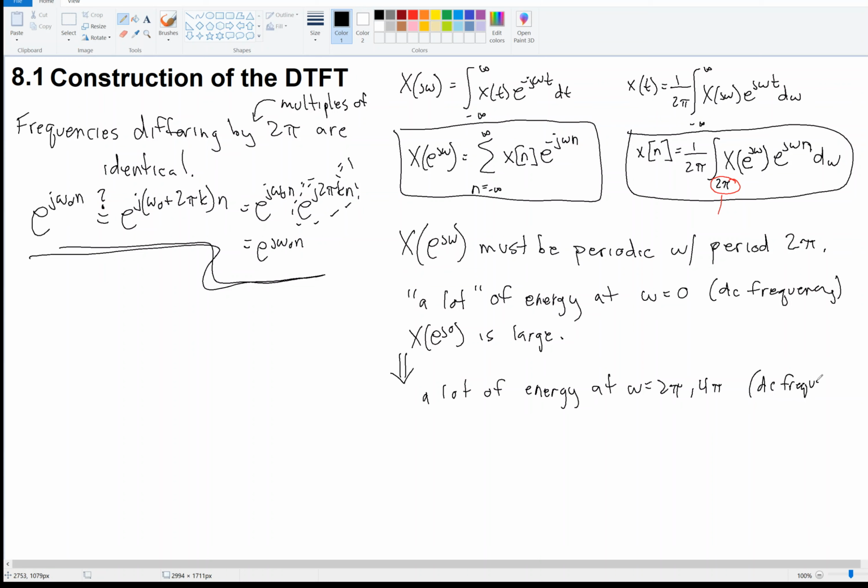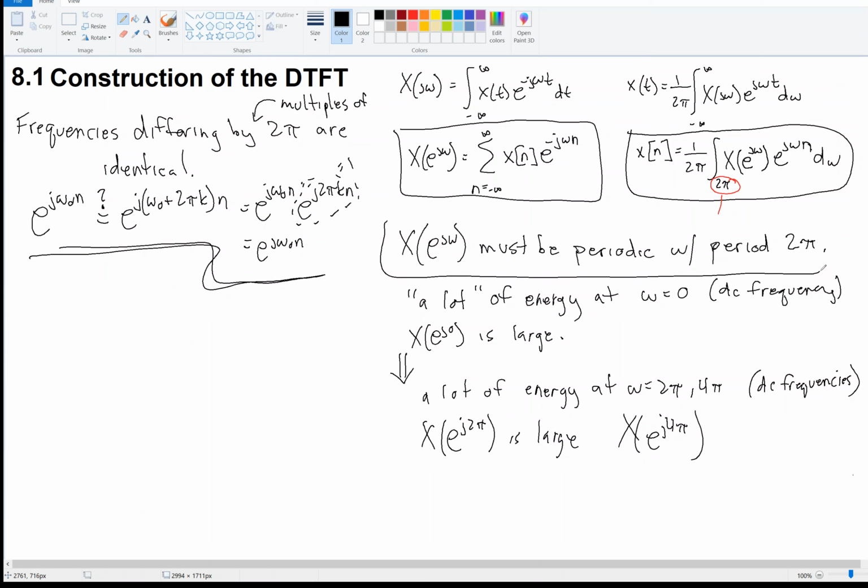We saw something similar when we were talking about Fourier series. So that must mean then, for everything to be consistent, x of e to the j 2 pi is large, right? And x of e to the j 4 pi is large, and so on. And so to summarize, this must be true. It has to be that way.